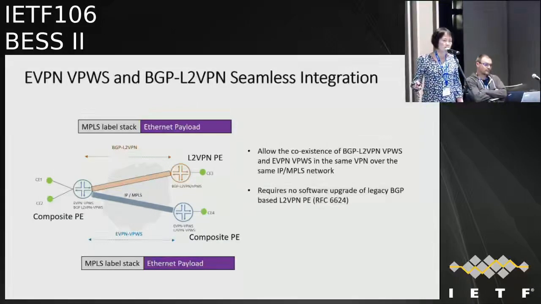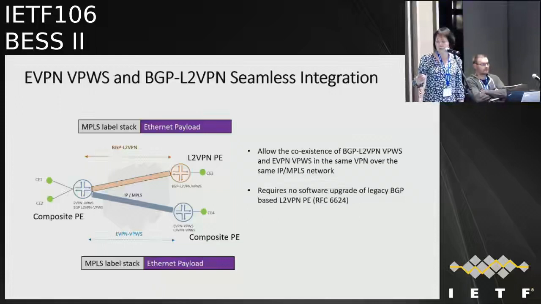And so it's always backward compatible. If there is a legacy PE, we will establish the pseudowire with the traditional VPWS control plane and data plane procedures. If the other side is running EVPN, EVPN takes a higher preference, and the pseudowire will be established with EVPN VPWS.